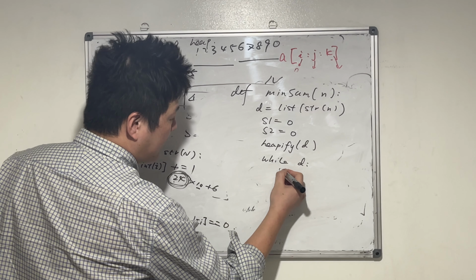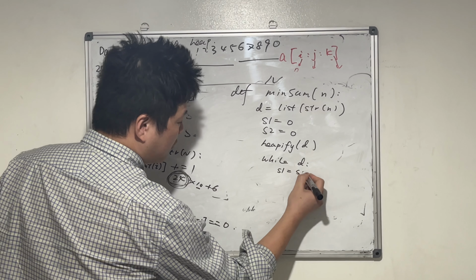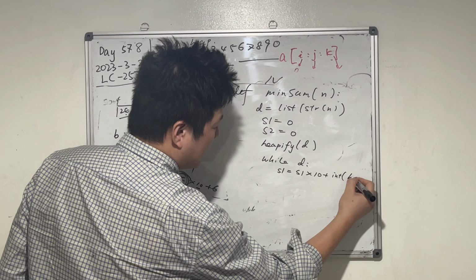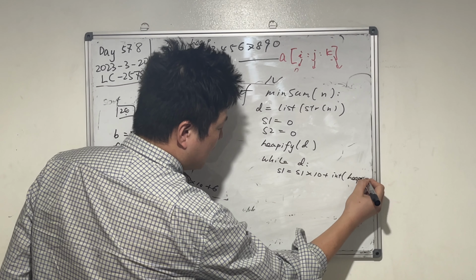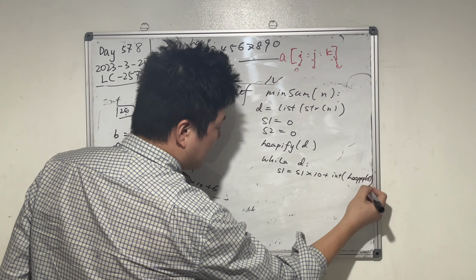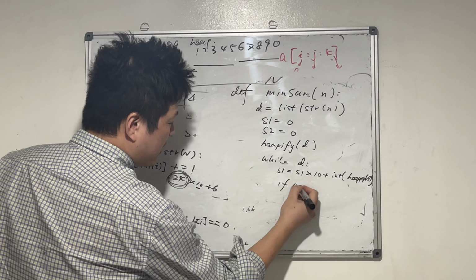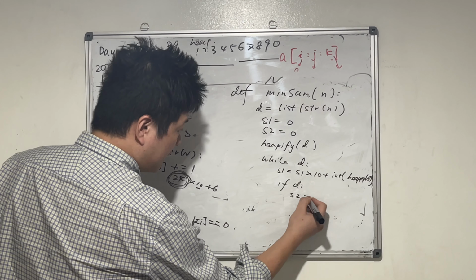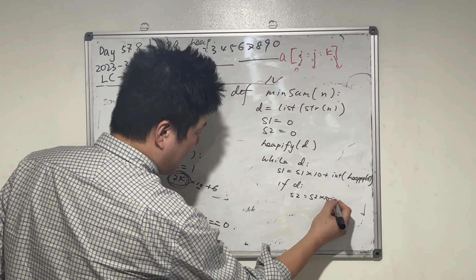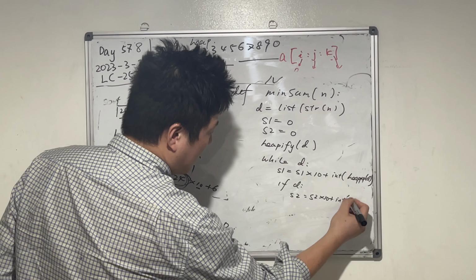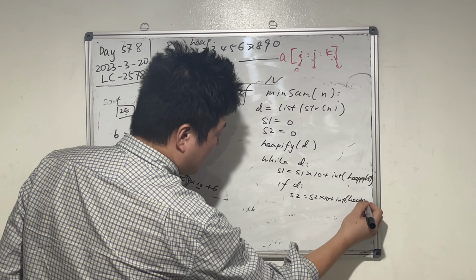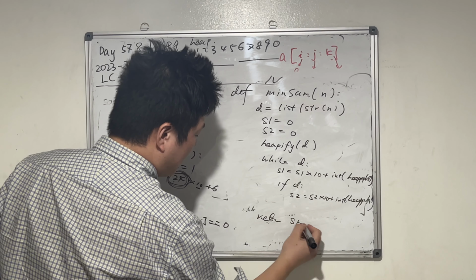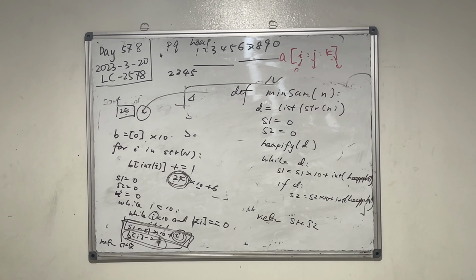S1 equals S1 times 10 plus the integer of heap pop D. If we still have one more digit, S2 equals S2 times 10 plus integer of heap pop D. Return S1 plus S2. That's it.